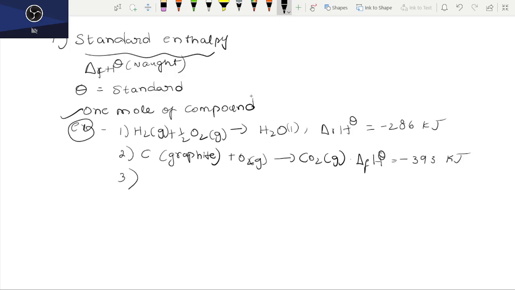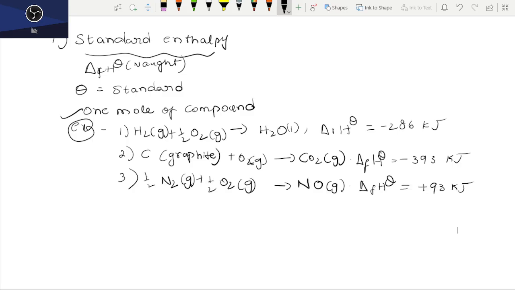Third one: if you take half mole of N2 in the gaseous state and half amount of oxygen in the gaseous state, nitrogen monoxide is formed in the gaseous state. Delta f represents formation, and naught, and it is 93 kilojoules of energy.